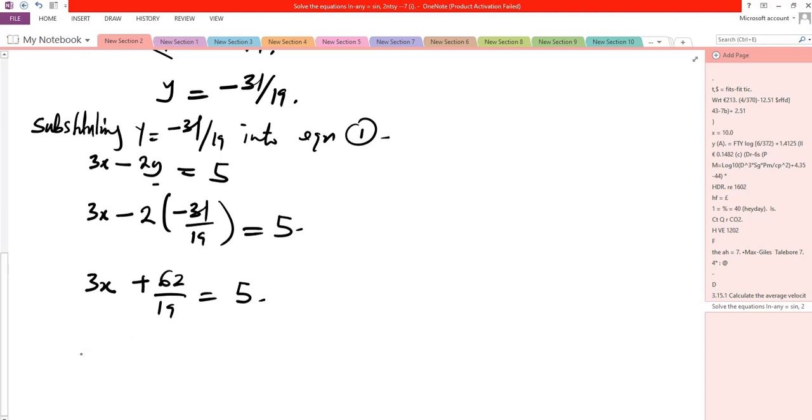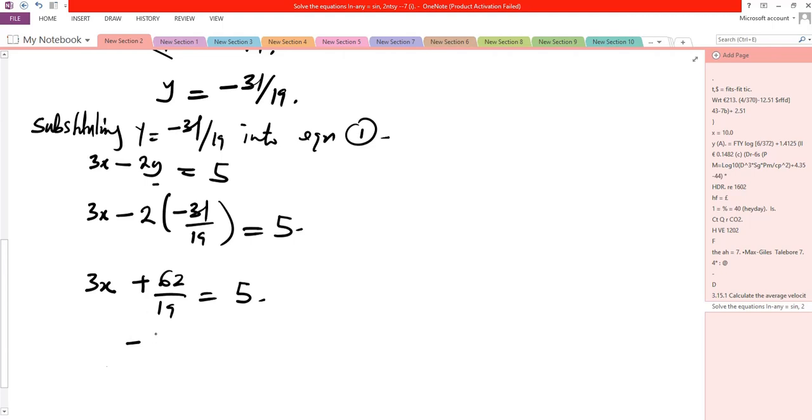To isolate 3x, we do the opposite, because this is adding, so we subtract.